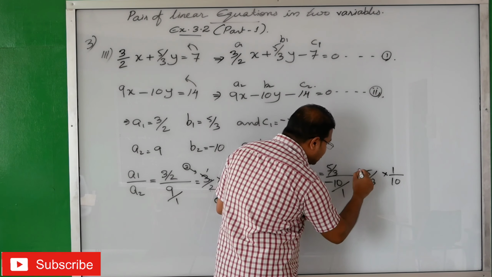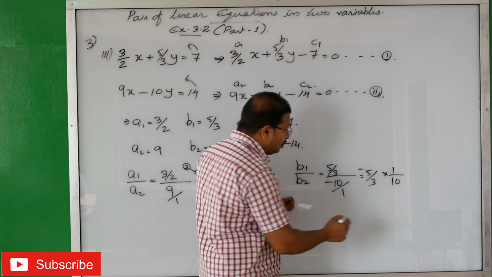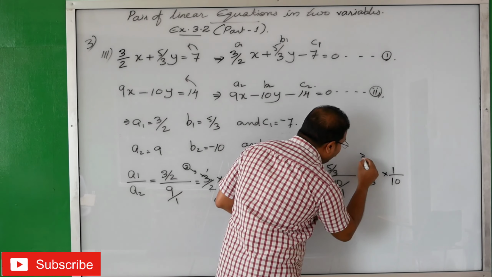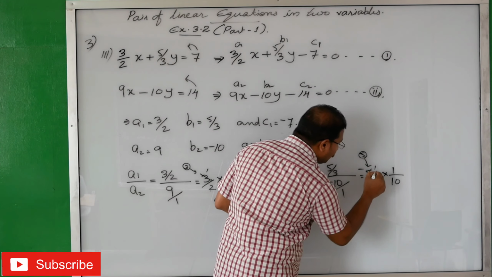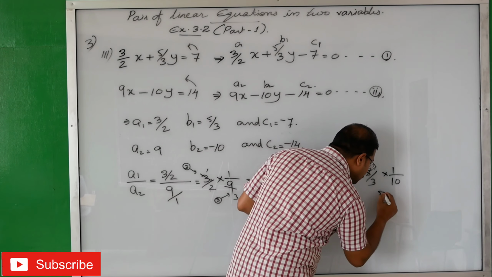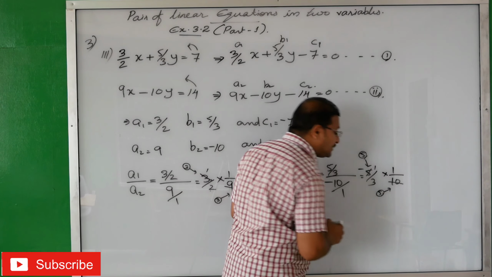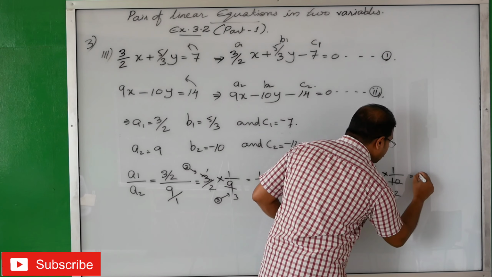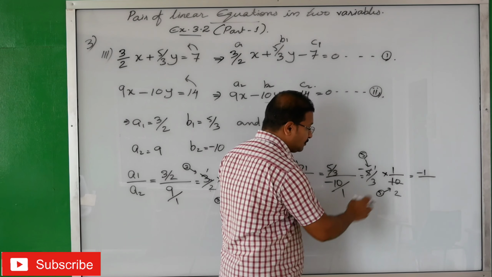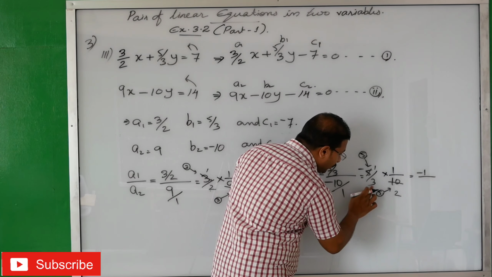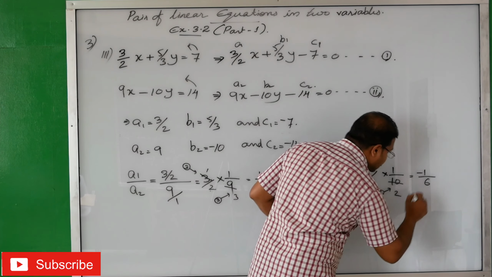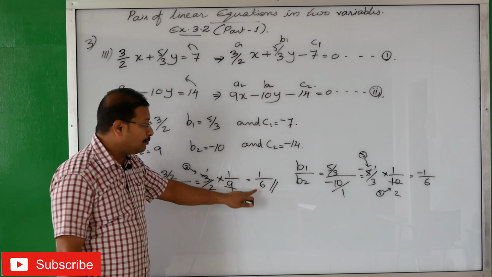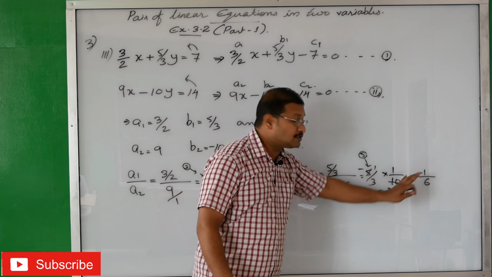Of course, there is a minus I am writing in the beginning. Now, we can cancel here by 5. 5 ones are 5. When you cancel by 5, 5 how many times 10? 5 twos are 10. So, we got minus 1 by, 1 into 1, 1. Now, 3 twos are 6. Now, check it. Here is 1 by 6. Here is minus 1 by 6.